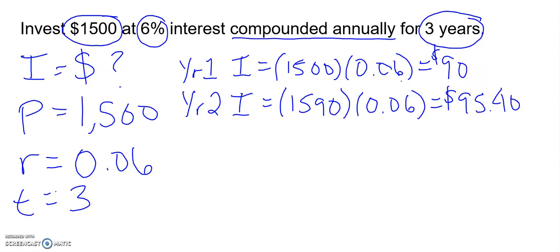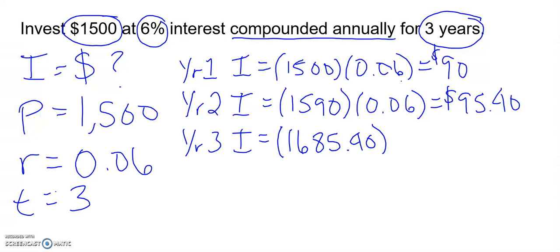So now at the end of year two, we've earned another $95.40 of interest. Going into year three, we have a new principal. We're going to take our $1,590 and add our $95.40 to it, for a year three principal of $1,685.40.